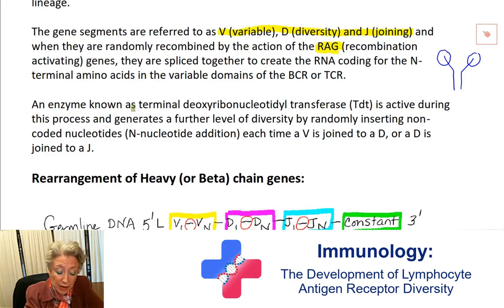In addition to that, there is an enzyme known as terminal deoxynucleotidyl transferase, which is quite a mouthful, but TdT is an enzyme that randomly adds bases every time there is a splice between a V and a D and a J. Now, for any sensible biochemist, this would sound horrifying because we invest a tremendous amount of energy into proofreading as we replicate DNA.